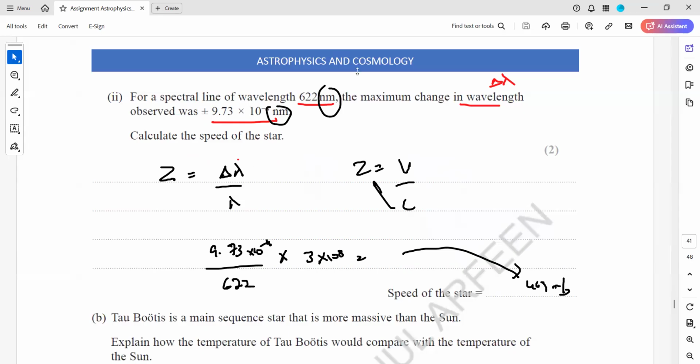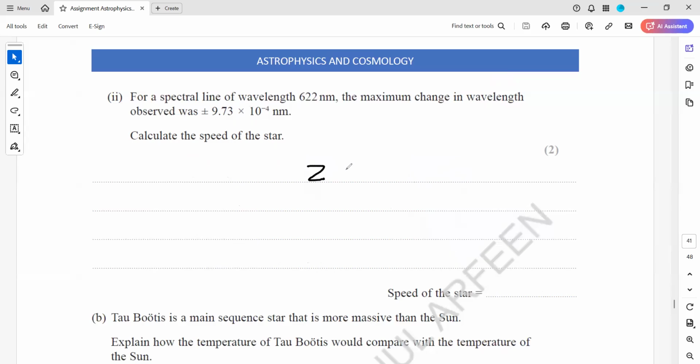Isn't 3 times 10 to the power 8 the speed of light? How does this give us the speed again? Because the formula is that the Doppler shift, which is Z, is the speed of the object divided by the speed of the wave. That's the formula of the Doppler shift.